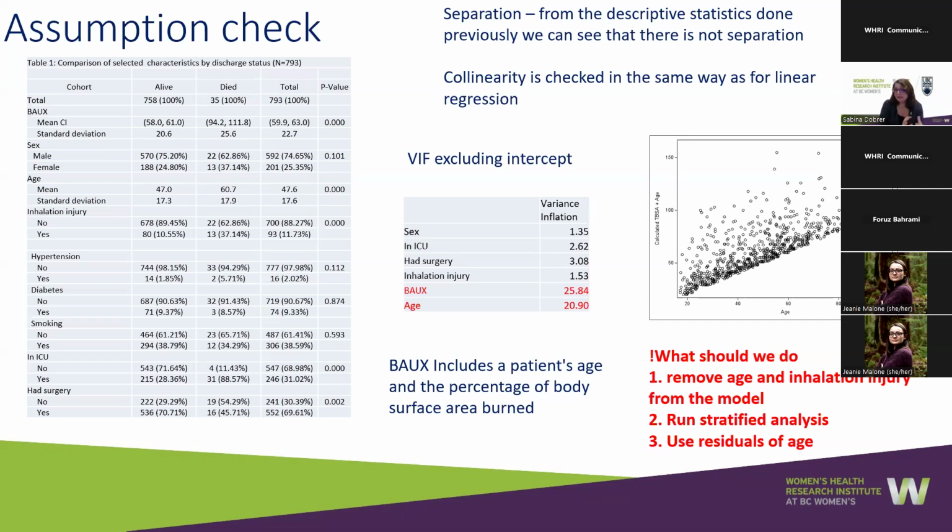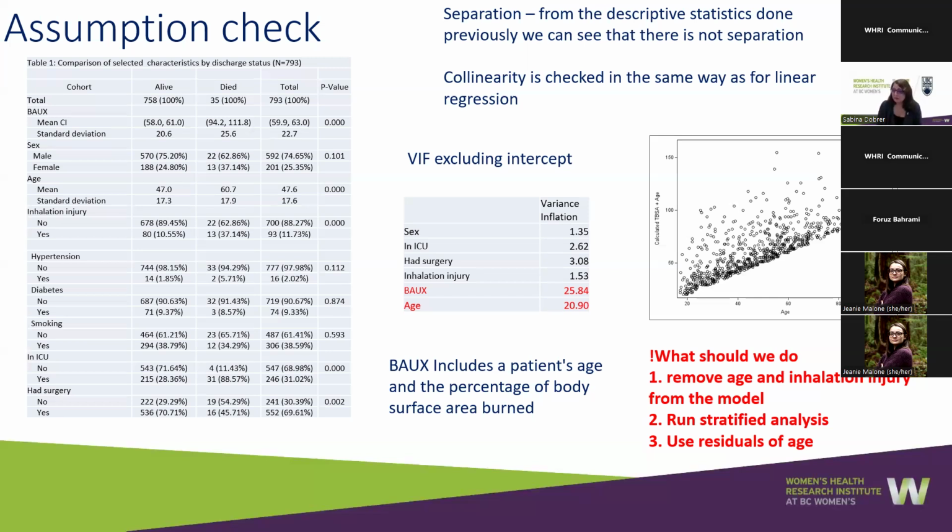It can be a reason why our age was statistically significant, but when we put everything in the same model, it becomes not. Also, inhalation injury in our adjusted model was not significant. So we might decide to remove age and inhalation injury and see if our model and our model fit change.